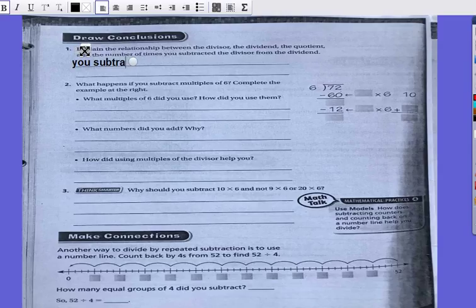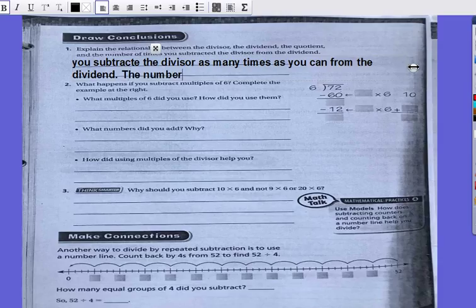You subtract the divisor as many times as you can from the dividend. The number of times you subtract is the answer, or the quotient.